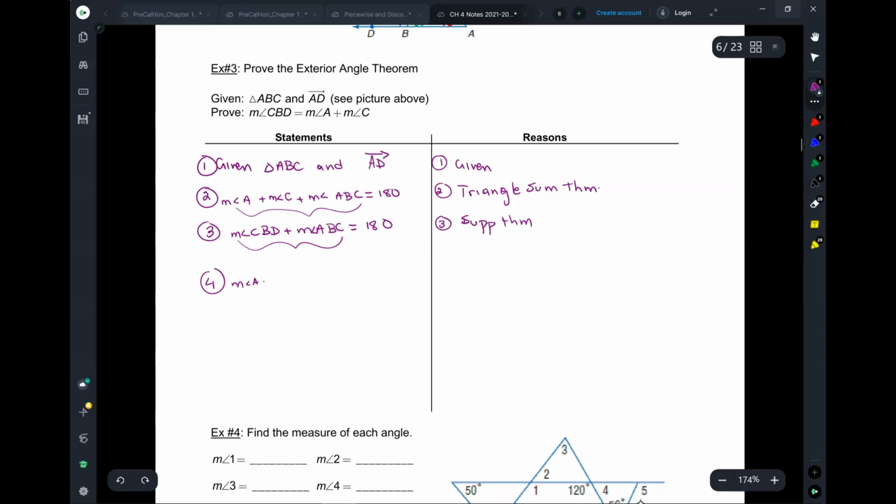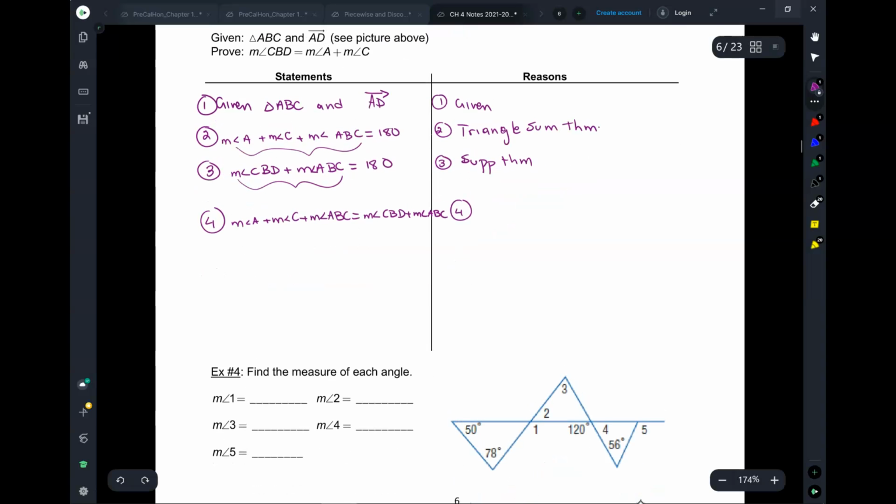So measure of angle A plus measure of angle C plus measure of angle ABC equal to measure of angle CBD plus measure of angle ABC. What is the reason for that? Substitution.